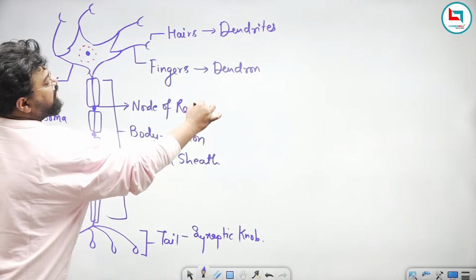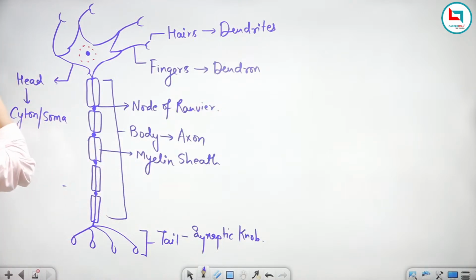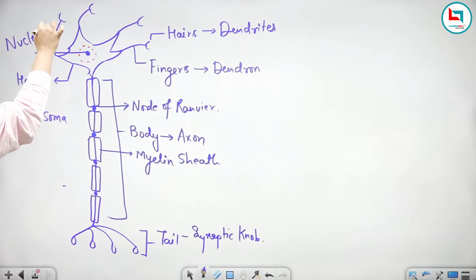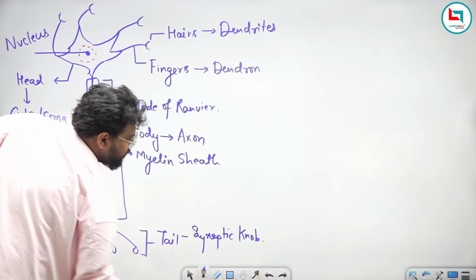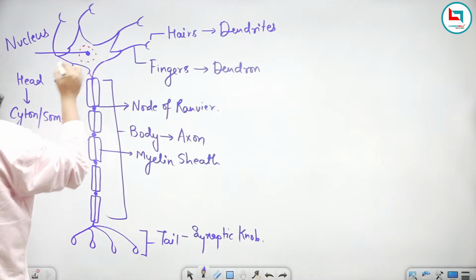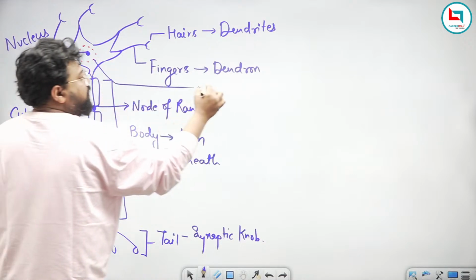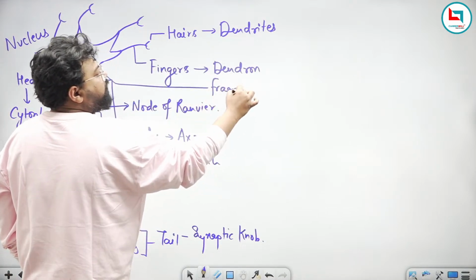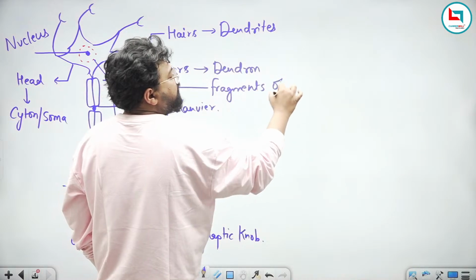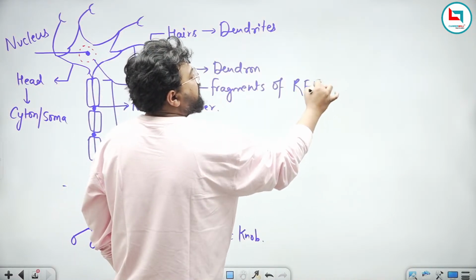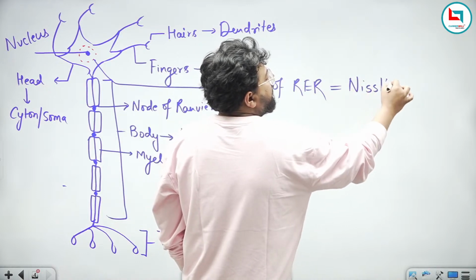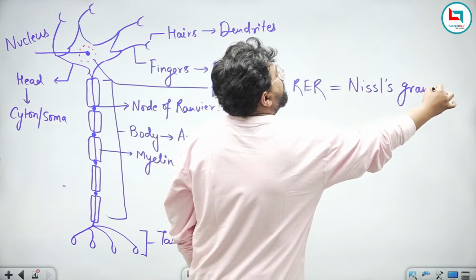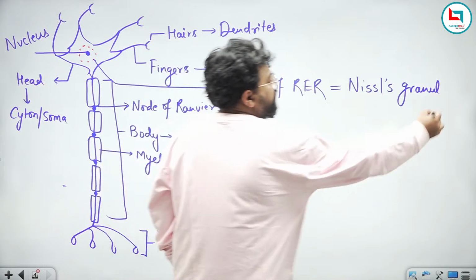It helps in signal transduction, and this is the nucleus of this cell, and surrounding the nucleus you will find some fragments of rough endoplasmic reticulum, RER, and these fragments of RER are said to be Nissl's granules. So this is the typical structure of a neuron.